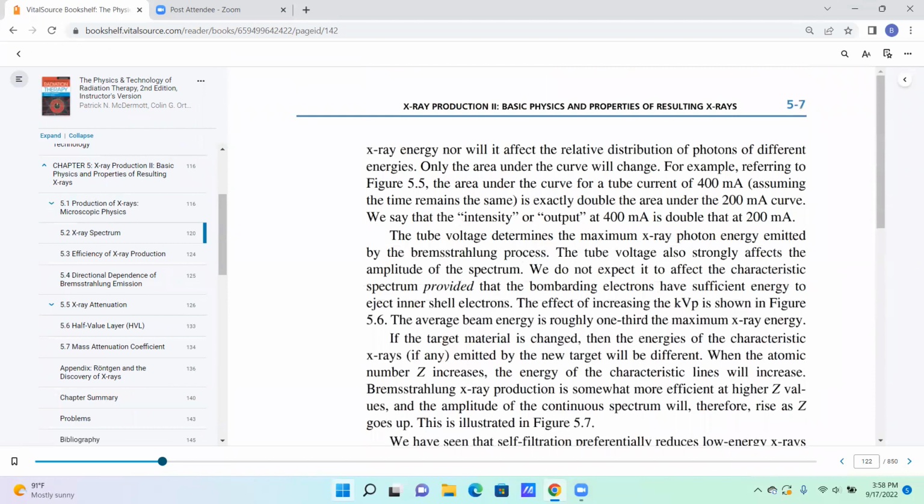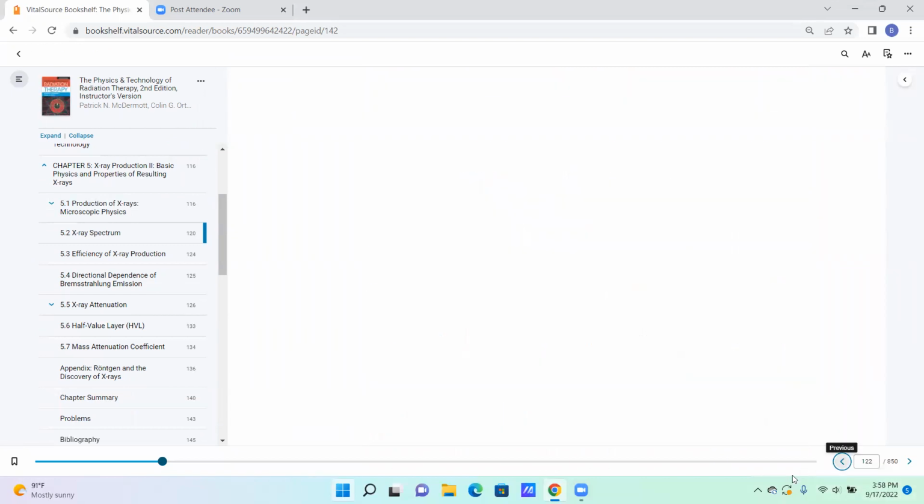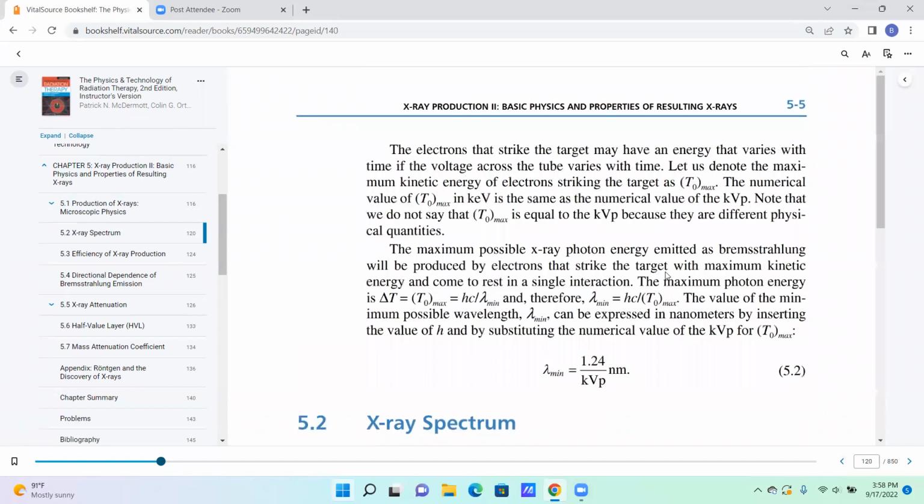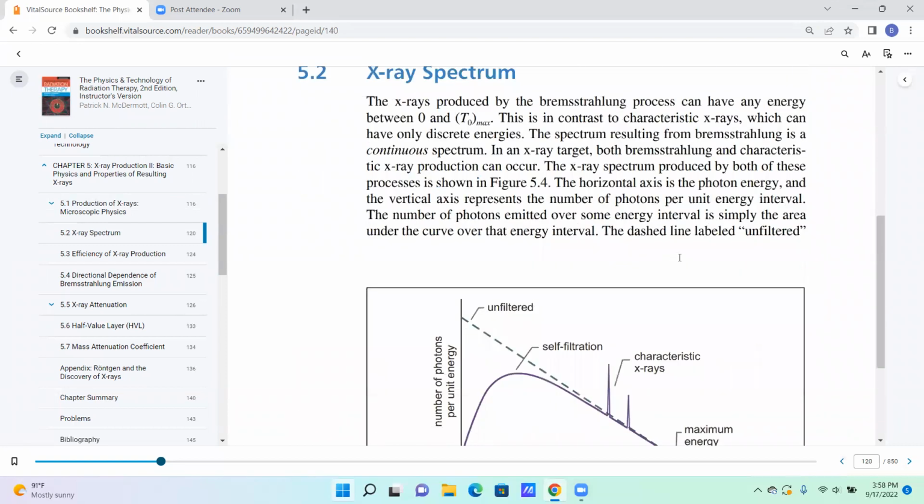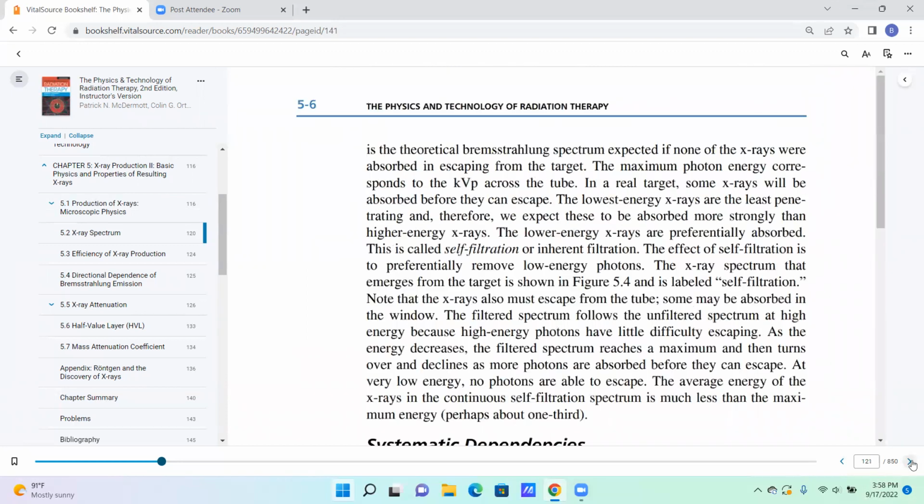I thought I had them listed here somewhere. Okay, can't quite seem to find it. But anyway, you can see how the characteristics change here as you look at the particular graphs. And these are important things to keep in mind.